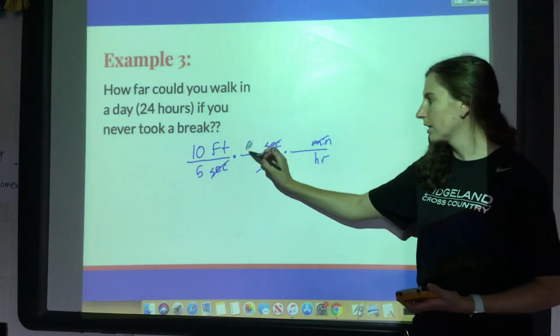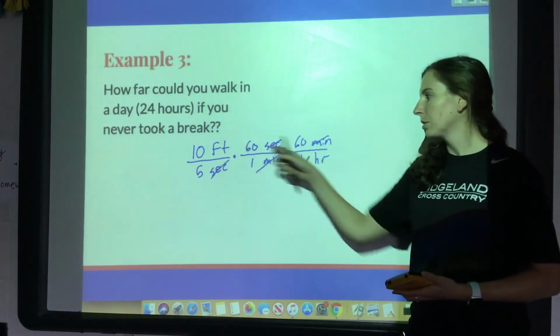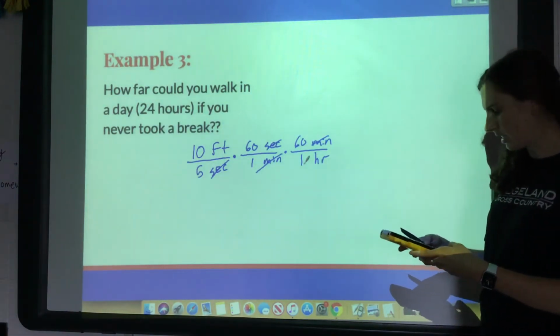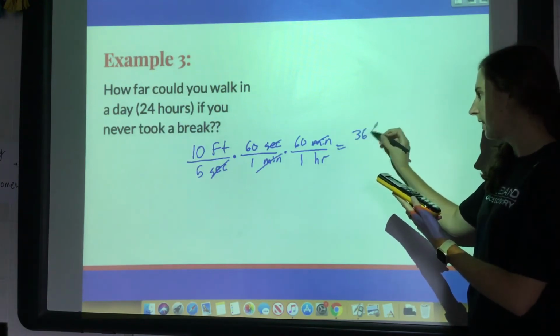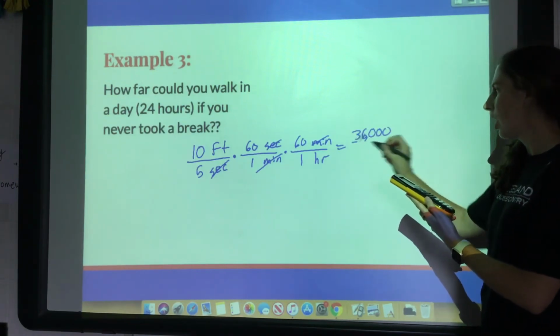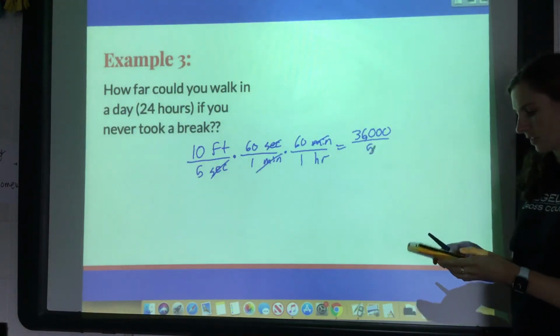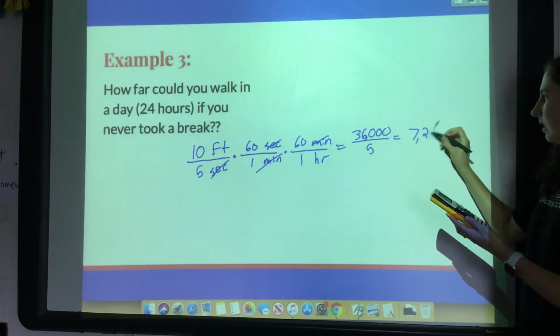So I know there's 60 seconds in a minute, 60 minutes in an hour. Multiply that out, and we've got 10 times 60 times 60, which is 36,000. Divided by 5 times 1 times 1, so divided by 5. And that gives us 7,200.